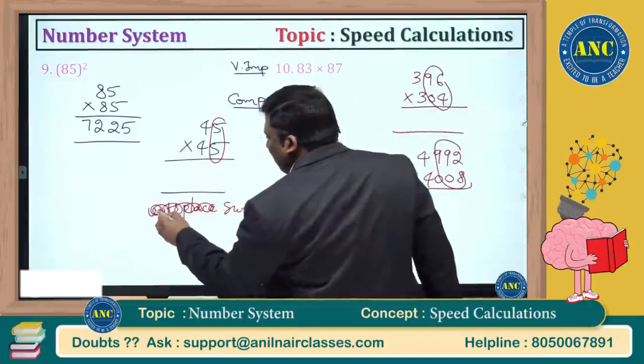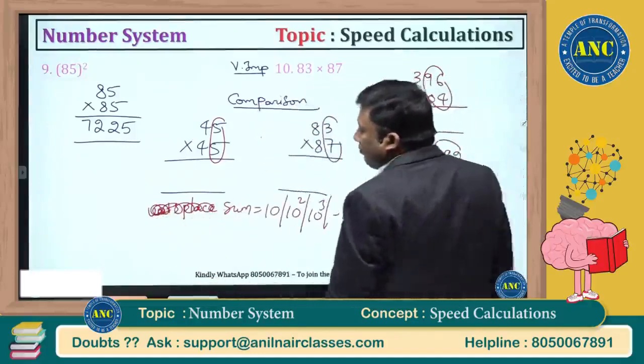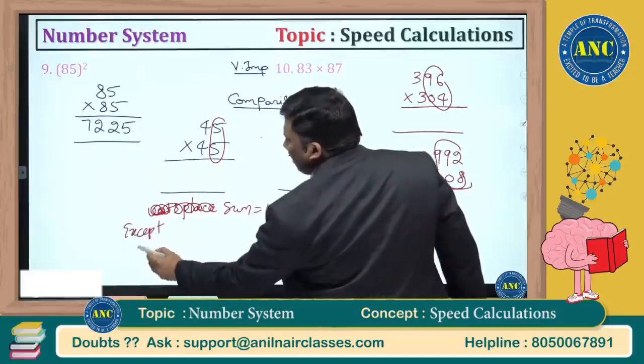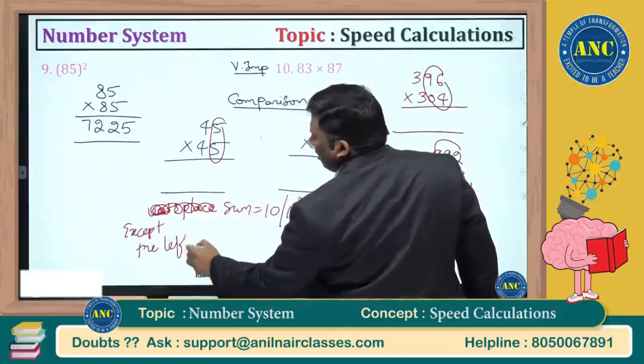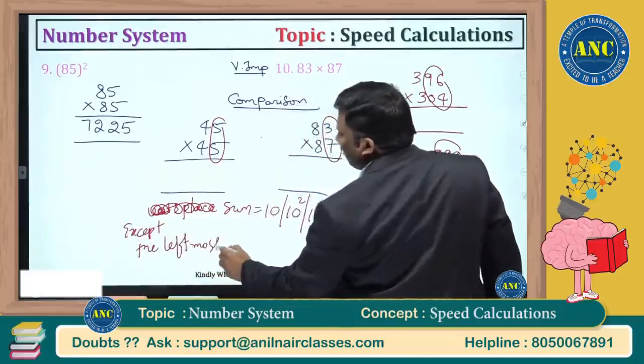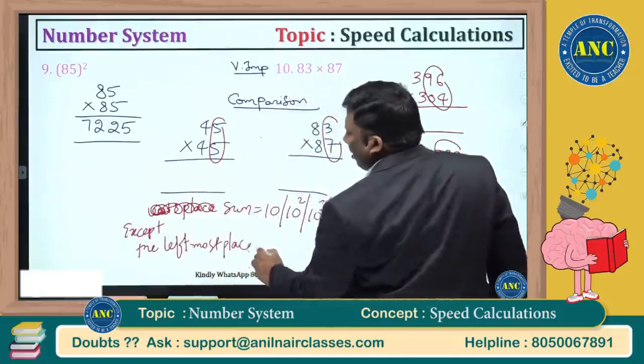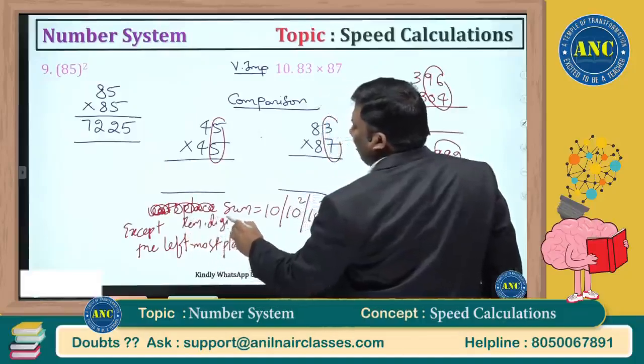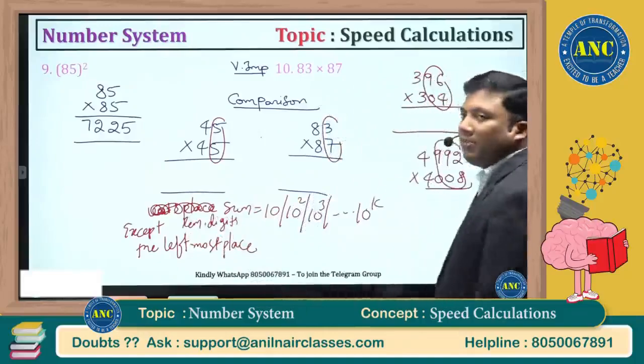For a 2-digit number, it will be the units place. Except the leftmost place, the remaining digits sum. That will help you understand for a 3-digit number, a 4-digit number, and a 5-digit number.